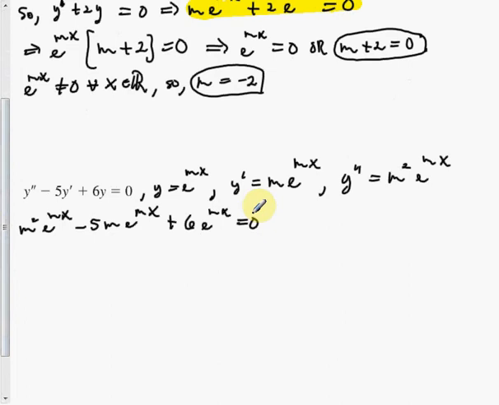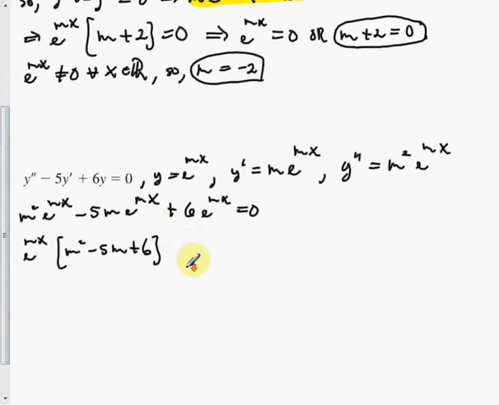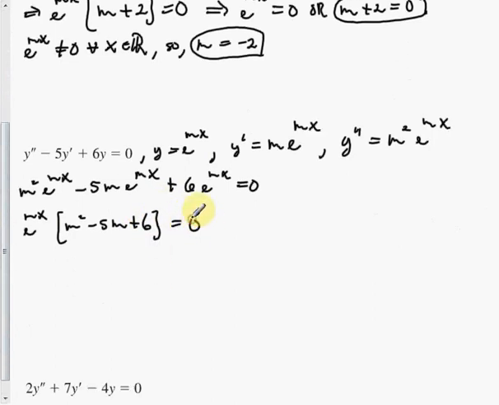Again, factor out the common term e to the mx and solve for m. So we have e to the mx times brackets m squared minus 5m plus 6 equal to 0. This implies that m squared minus 5m plus 6 is 0.